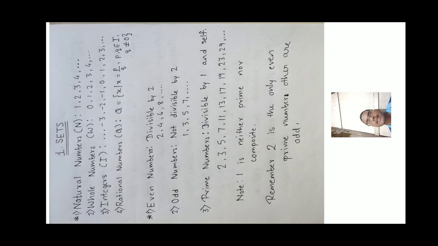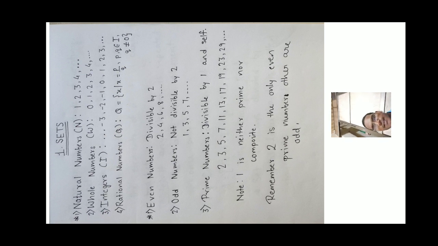So natural numbers are 1, 2, 3, 4 and so on, that is infinite. There are many numbers, so it starts from 1. Now second collection is whole numbers, and you all know whole numbers start from 0. So you can see 0, 1, 2, 3, 4 and so on, means 5, 6, 7, 8 and all.